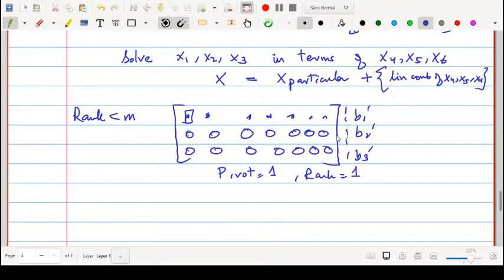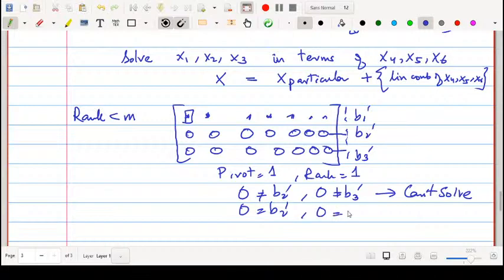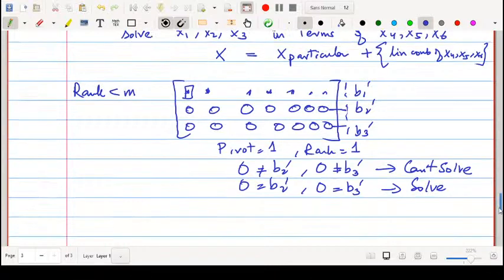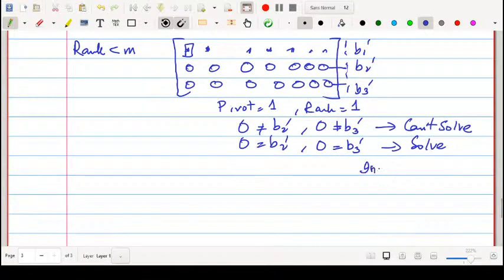After elimination, if 0 is equal to b2 prime, and if 0 is not equal to b3 prime, I can't solve. But if 0 is equal to b2 prime, whatever number you get on the right-hand side after elimination, and 0 is equal to b3 prime after elimination, then you can solve. And you can again get infinitely many solutions.